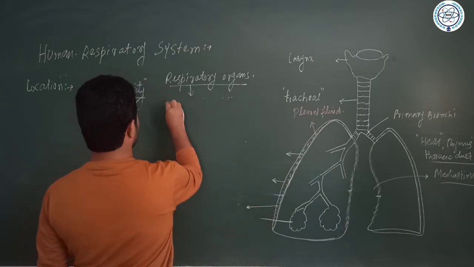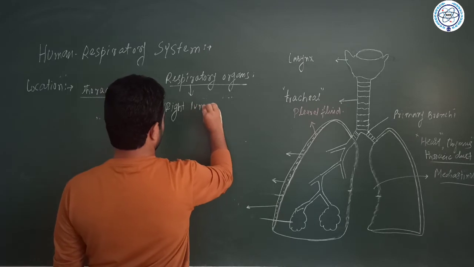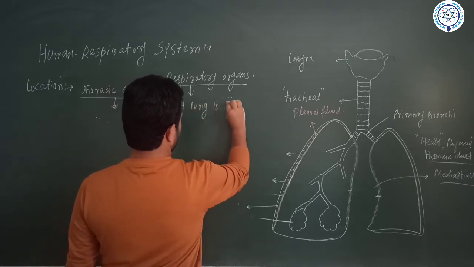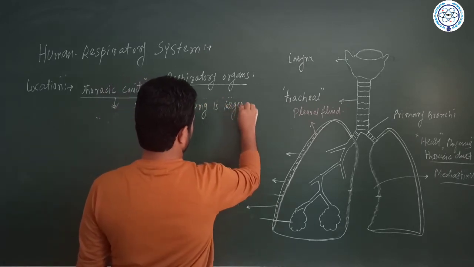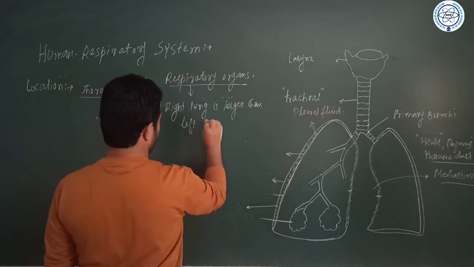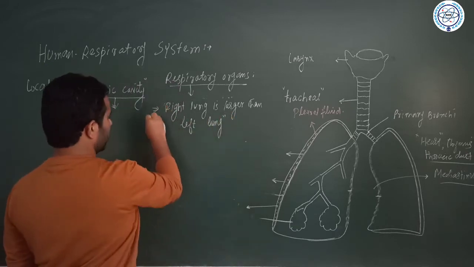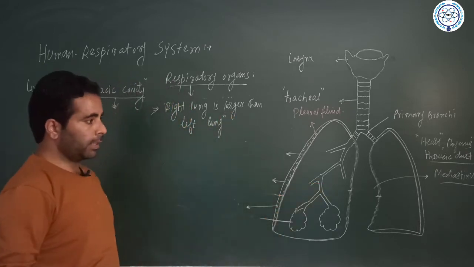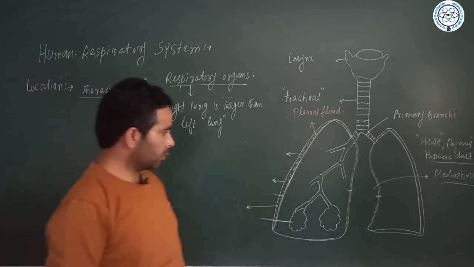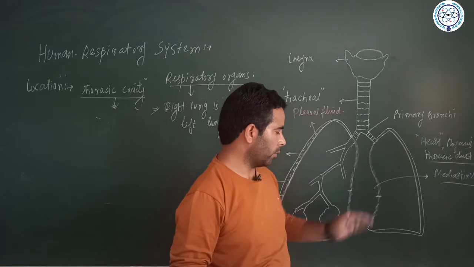The right lung is larger than the left lung. Okay, so you have to keep in mind the right one is larger than the left lung, and that is why I tried to draw in a different way. This is the bigger one and this is the smaller one, right.